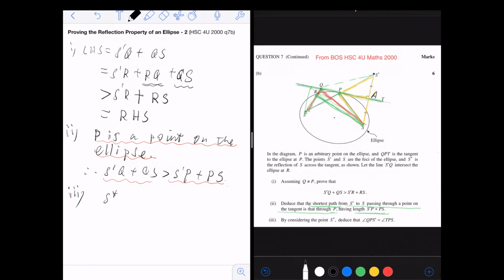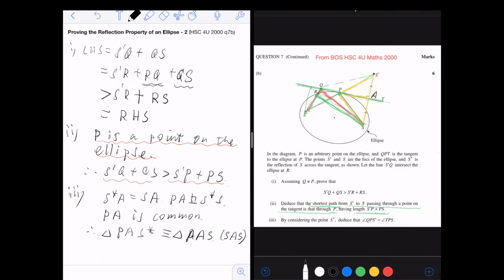So S star A is equal to SA, by construction, and also we have PA perpendicular to S star S. So this gives us a right angle triangle here. And also we have PA common. So then we can say triangle PAS star is congruent to triangle PAS, by SAS.